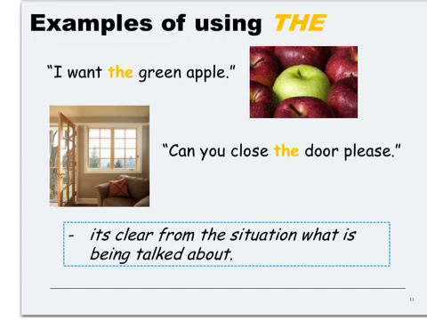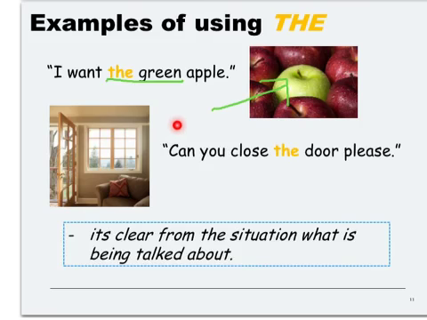Let's look at some more examples. In our next one, we have, I want the green apple. Now, there's more than one apple, but we know that the speaker wants the green apple. He doesn't want just any apple. We know exactly which one he wants.